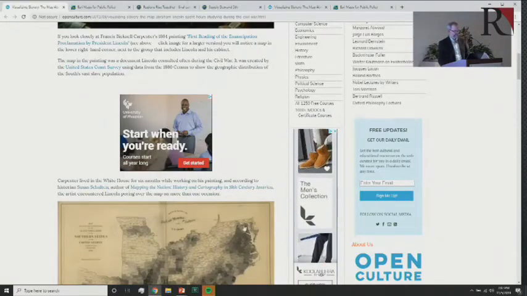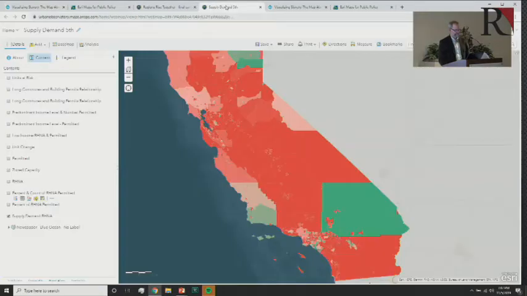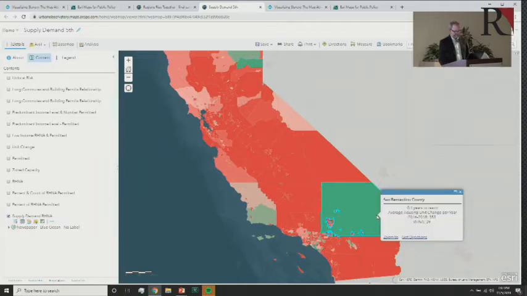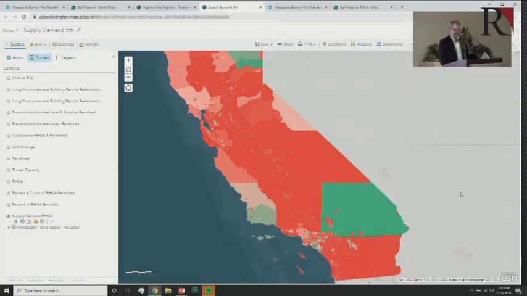It was this map, if I can show it. This map here about the supply and demand of affordable housing. Each county and each municipality has a goal set by the state. The ones in green are adhering, the ones in red are not. Does anyone see a problem?